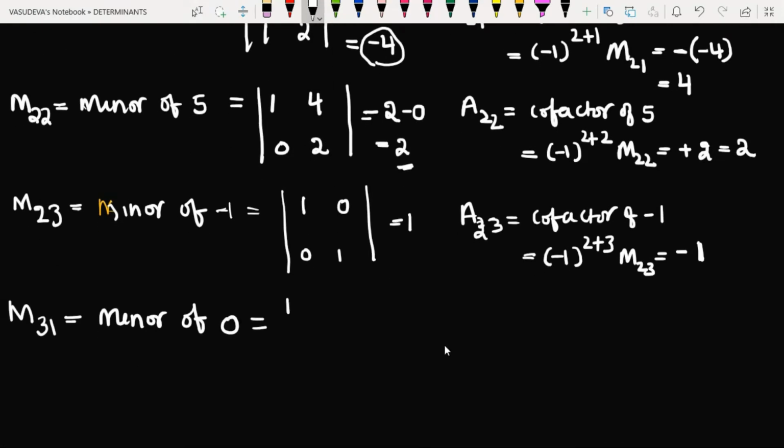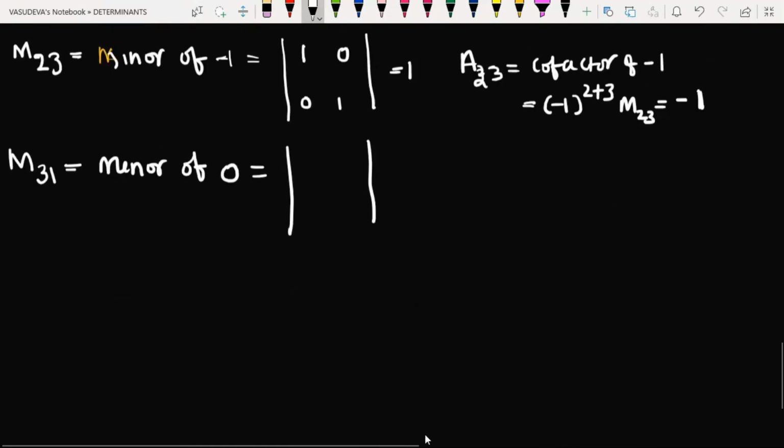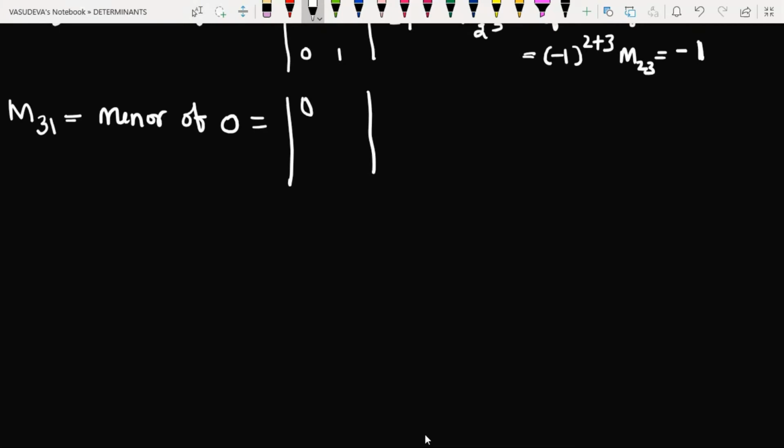Minor of 0 is the determinant of the remaining elements: 0, 4, 5, minus 1. The determinant of 0, 4, 5, minus 1 is 0 minus 20, which is equal to minus 20.